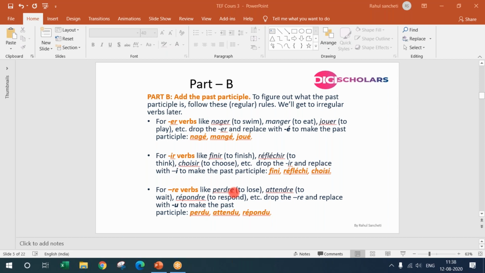Examples are prendre, attendre, répondre, and a lot of them. Répondre here is a re ending verb. Here the past participle is répondu. Répondu means responded. Attendre is to wait, so attendu is waited. So these are the past participles of the verbs.